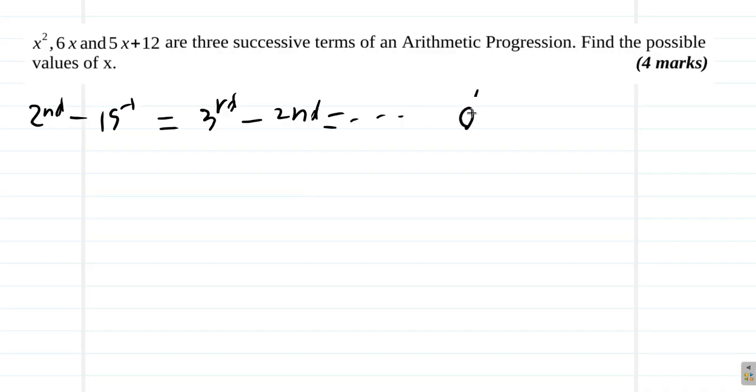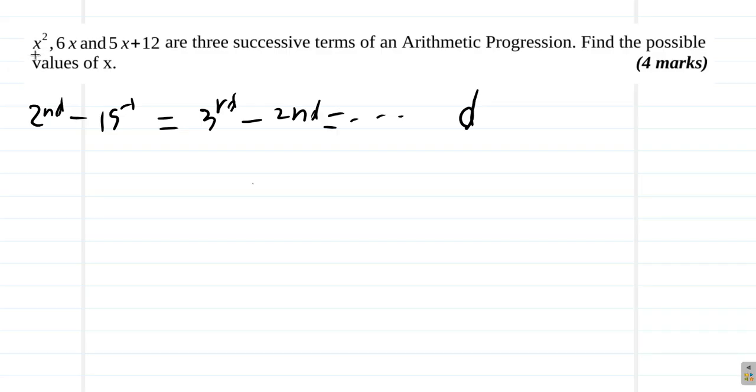This gives you the common difference, D. So any term minus the term immediately before it is equal to the common difference. Here, you see these are three successive terms. So these are three terms in a row. No term was skipped.